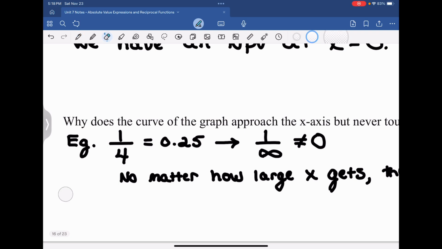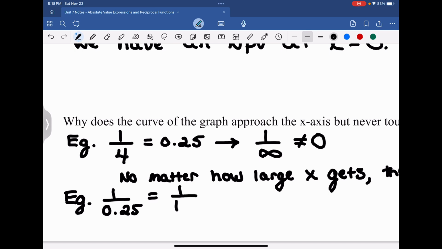Okay, let's say, for example, I do the opposite. So let's say, e.g., I'm going to make the reciprocal, 1 over, let's say it ends up being something like 0.25. Well, this is equal to 1 over 1/4, which then the reciprocal of that is equal to 4, and that's definitely not equal to 0.